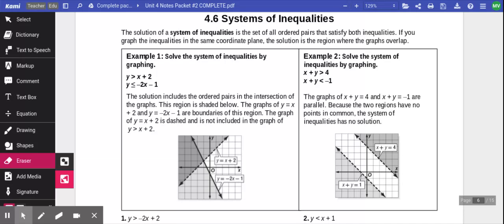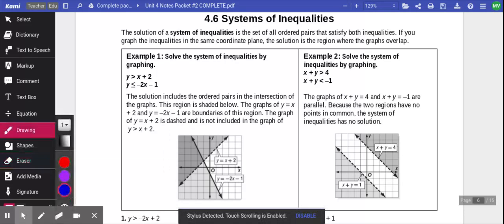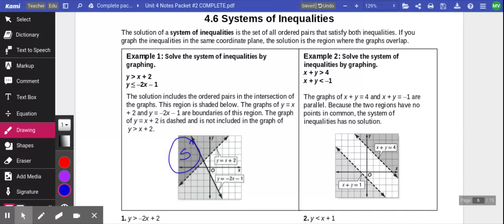So the area of overlap is where our solution is. The lines are the boundaries. So that's what borders the area.